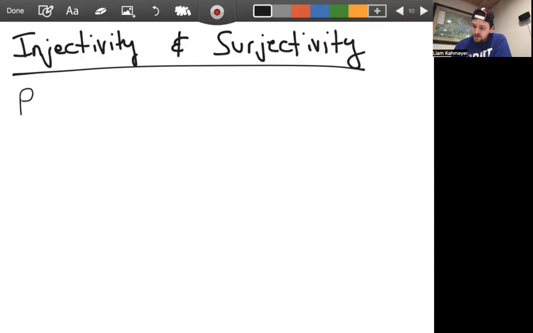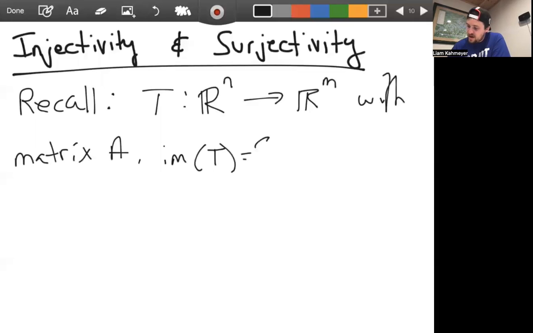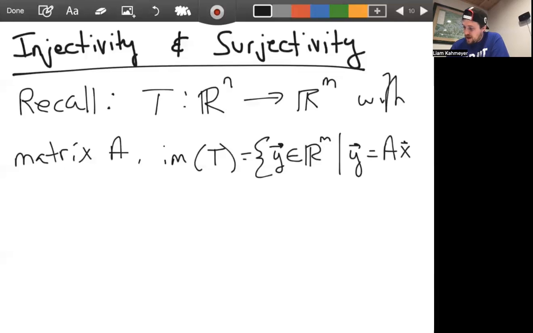First, let's recall: if we have a transformation T, a linear transformation, or just a transformation in general from Rn to Rm, with matrix A, then the image of the transformation T was defined to be the set of vectors y in Rm such that y equals Ax, right?